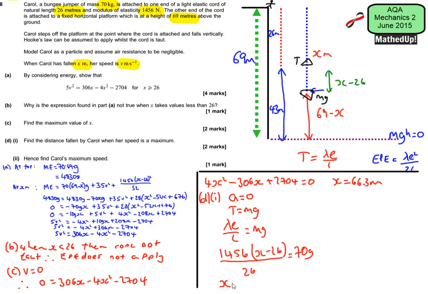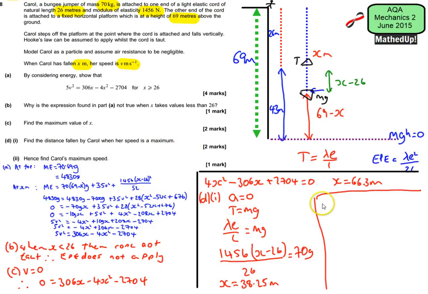You should write down your steps here, and you might want to rearrange that first for x, but I've run out of space, so I'm just going to whack it in there. 38.25 meters. That's the distance fallen by Carol when her speed is maximum.